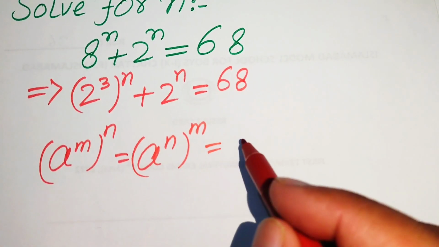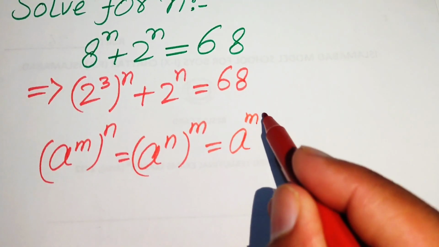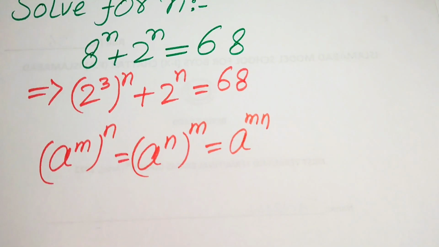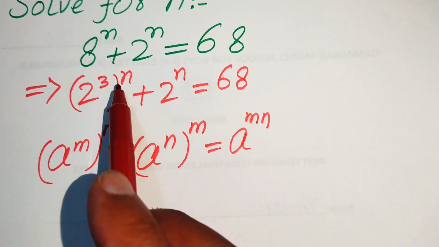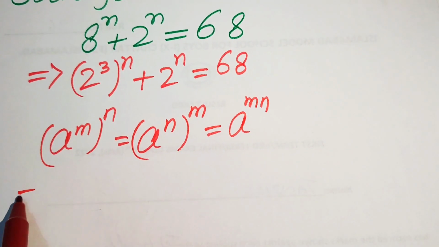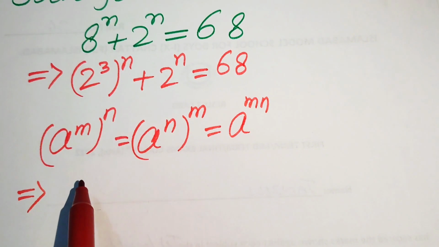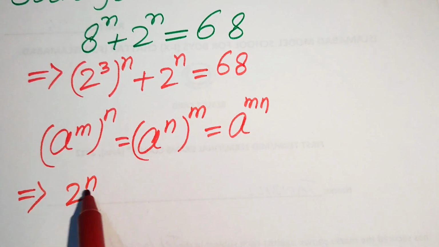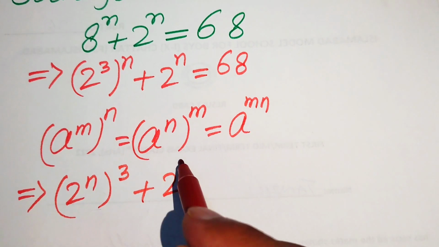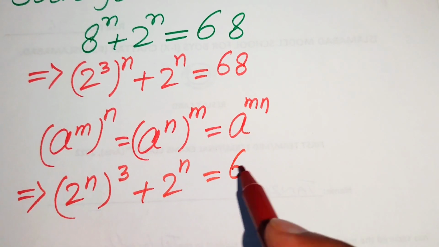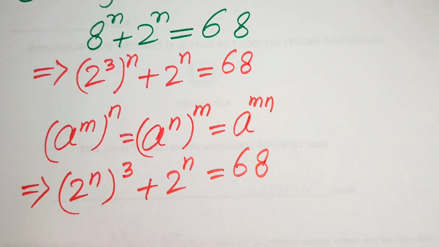It always gives us the same answer, and it equals a to the power of m times n. So according to this rule, we interchange these two exponents, and after interchanging, we write it as 2 to the power of n, and its whole cubed, plus 2 to the power of n equals 68.